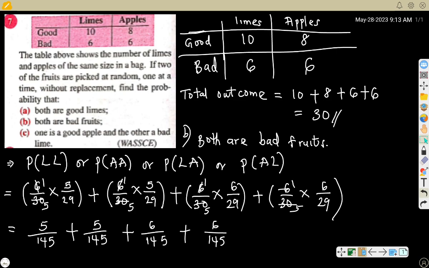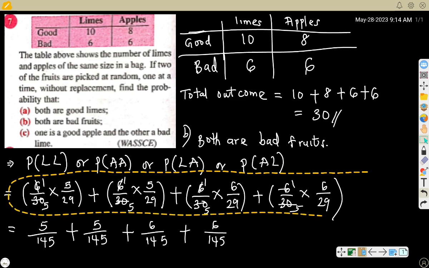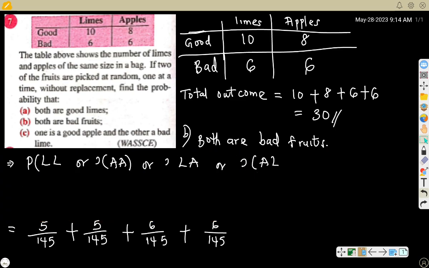So let me cancel out this. So find the LCM. LCM is 145. So we have 5 plus 5 plus 6 plus 6.